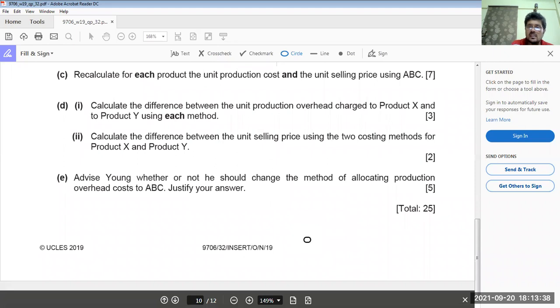But now we have come to know that more we are actually spending on X, not on Y.